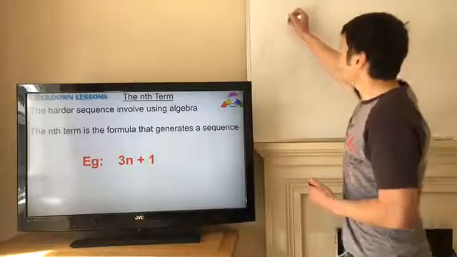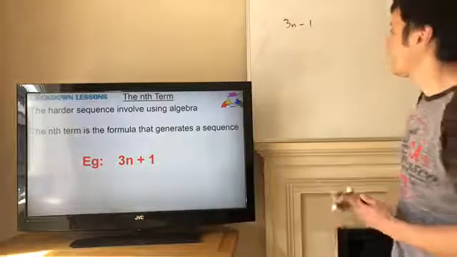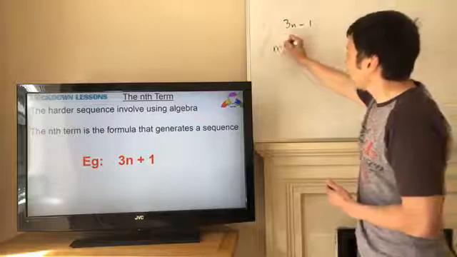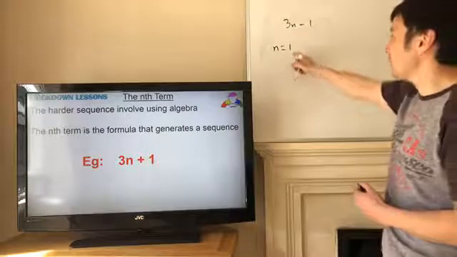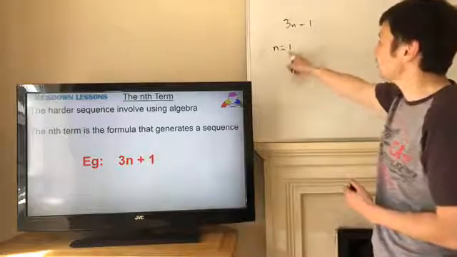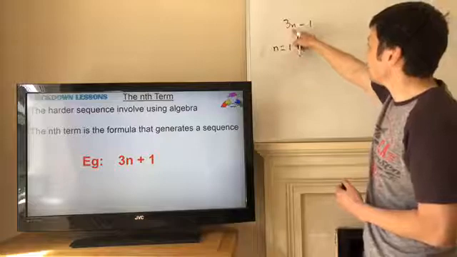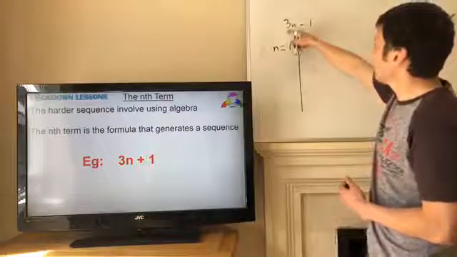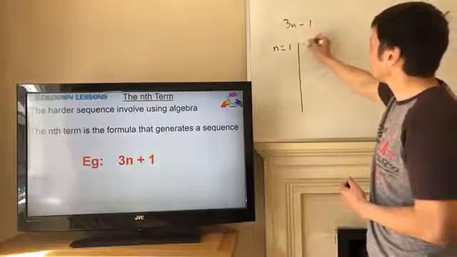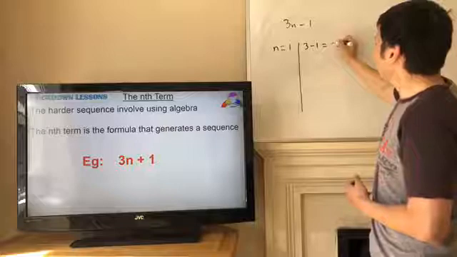So if we've got 3n minus 1 here, the first thing I'm going to do is say, first of all, n equals 1, because that is my first term. This means the position in that sequence is number 1, the first one. So if n equals 1, I'm going to get an answer of 3 times 1, which is 3, minus 1, which gives me 2.